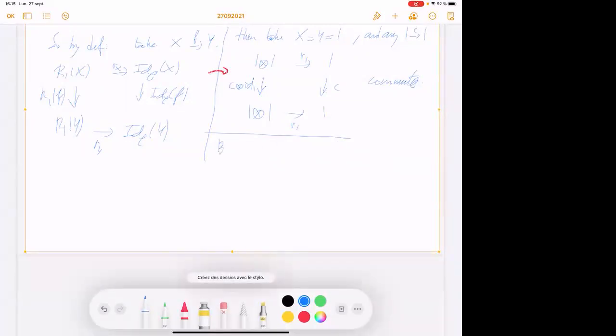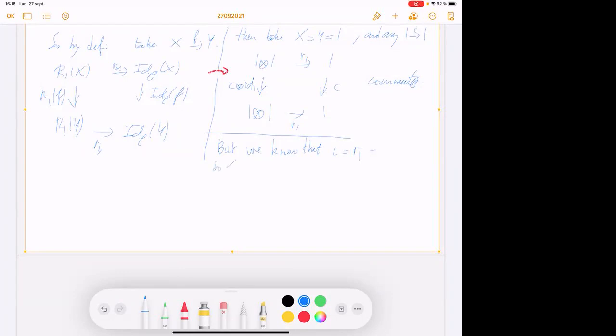But we already know that iota equal R1. In fact, we just proved that at the beginning of the course. Iota equal R1.